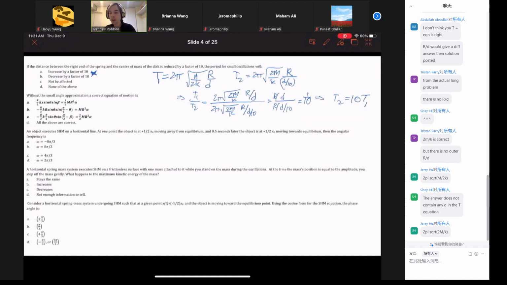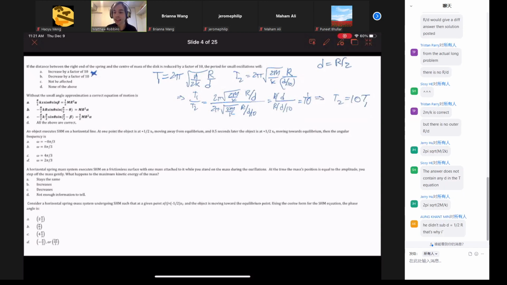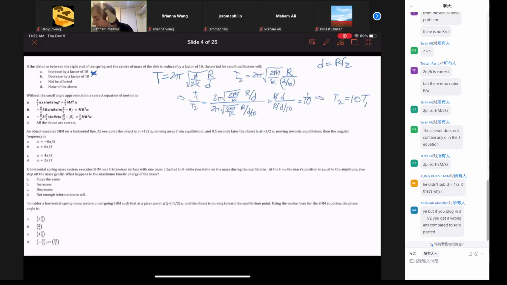The reason why I wrote it with d is because I wanted to write it in full generality. In the specific problem, we're given d is equal to r divided by 2. And what the multiple choice question is asking is that we decrease the distance by a factor of 10. So basically, d becomes r over 2 divided by 10, which is basically going to become just d over 10.